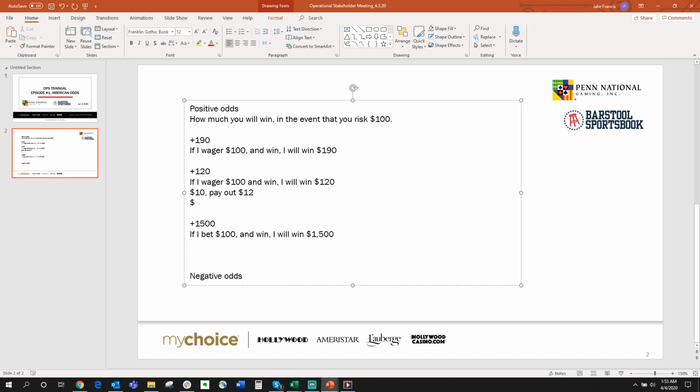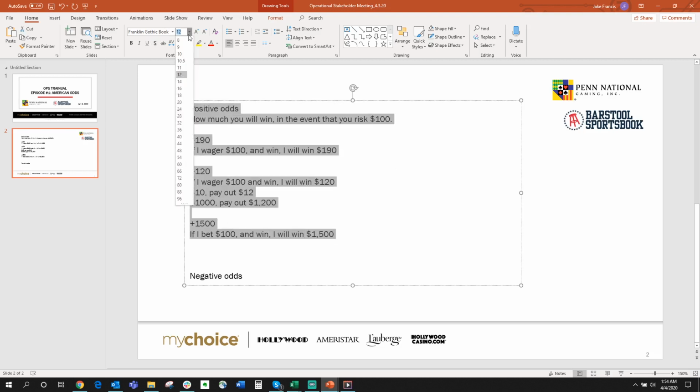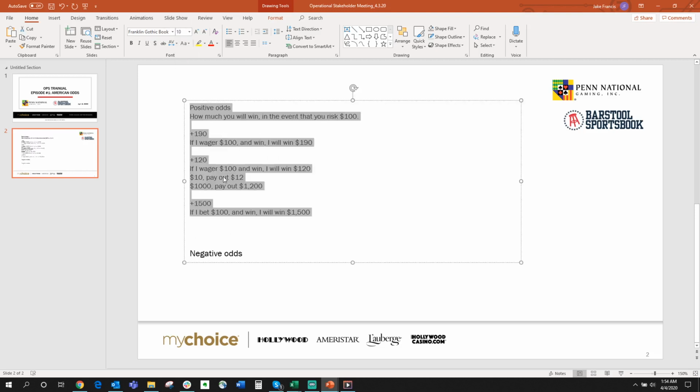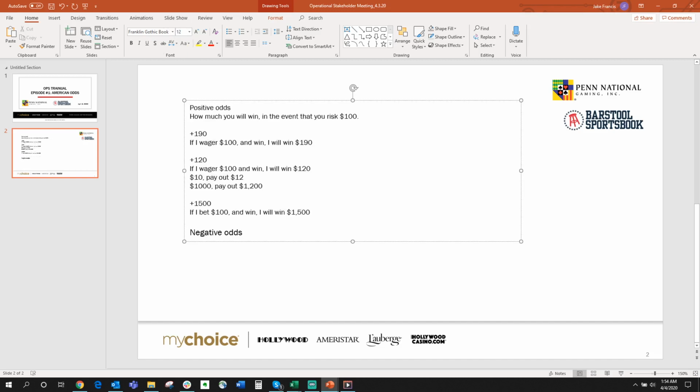Conversely, if I bring the decimal point out to the right and I wager 1,000, that stands to pay out, you guessed it, $1,200. So the same principle will be in effect no matter how much you wager with positive odds. All right.